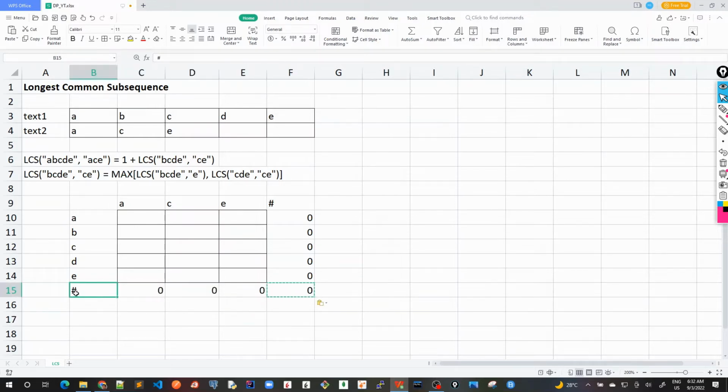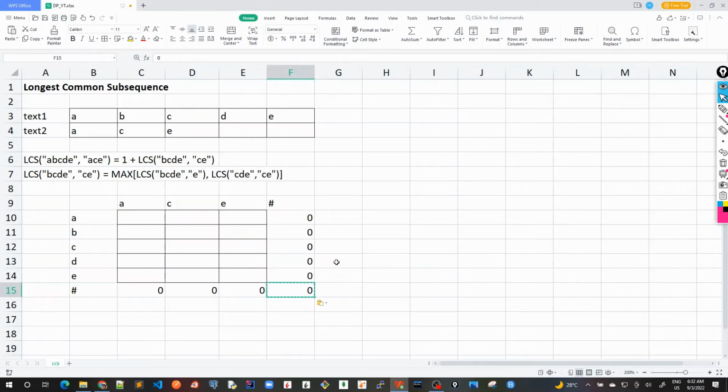Just think about it: for hash and hash, there's no common substring because it's null. That's why it would be always 0. And between hash and C, hash is just like null, so there is no match here. So it will always be 0. Hash and C, E, and all is 0. Similarly, if I compare this column, hash doesn't mean anything. It's just like null. Again, it would be all 0. So this is our base condition to avoid overflow.